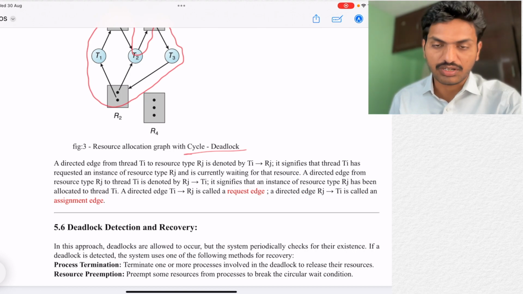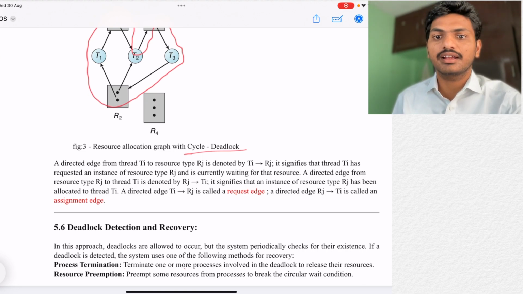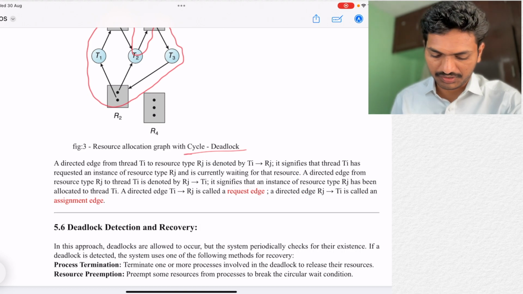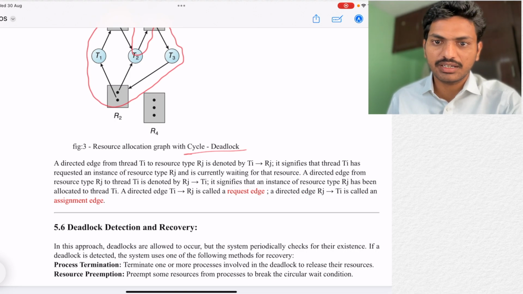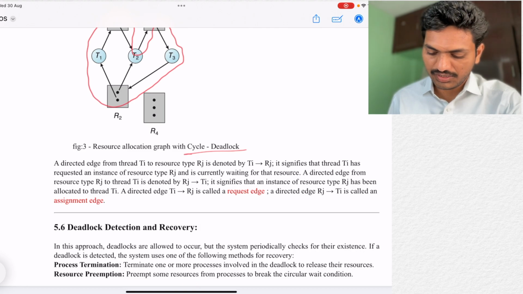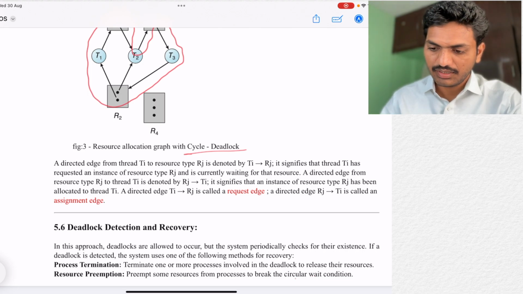So remove one process from the competition, then there is a chance that it may remove the deadlock. Resource preemption. Suppose somebody is using the resource continuously for hours and hours, then we can remove it from him and give it to somebody else. Okay.